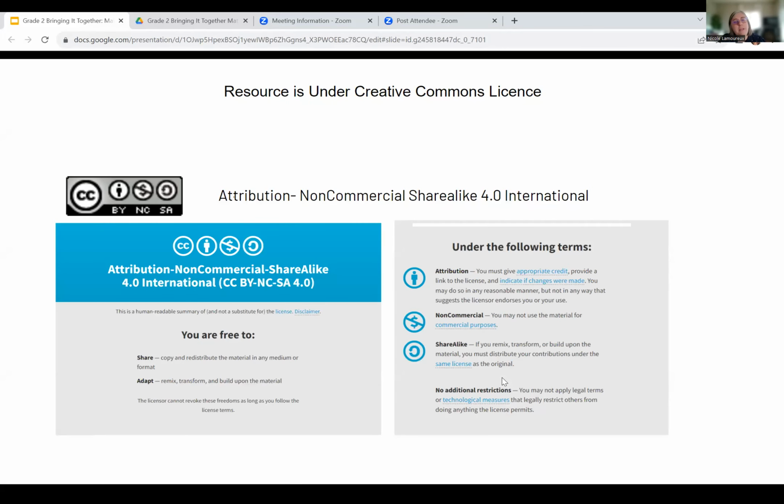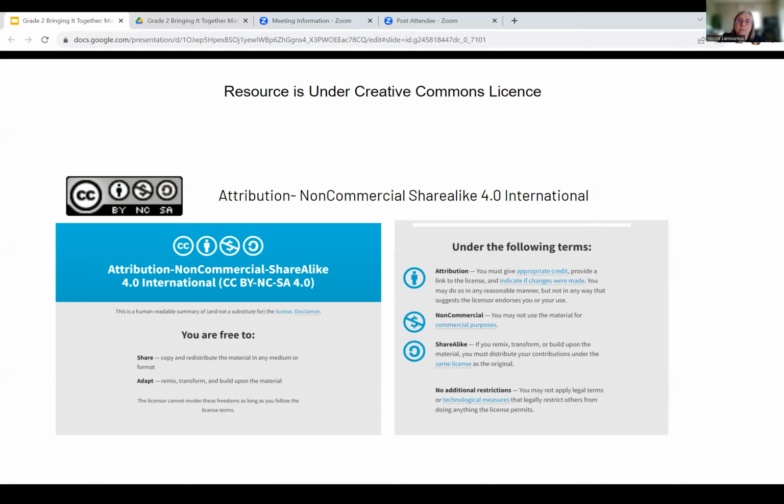Okay, so I'm going to talk briefly about the resource you're going to receive, the document. The resource that has been developed is under Creative Commons licensing. And really what that means is you're free to copy and redistribute the material in any format. You can remix, transform, or build on this. So modify and adapt, of course, we want you to do that.